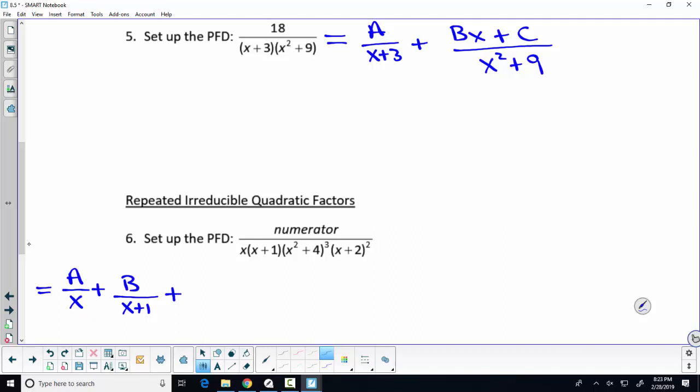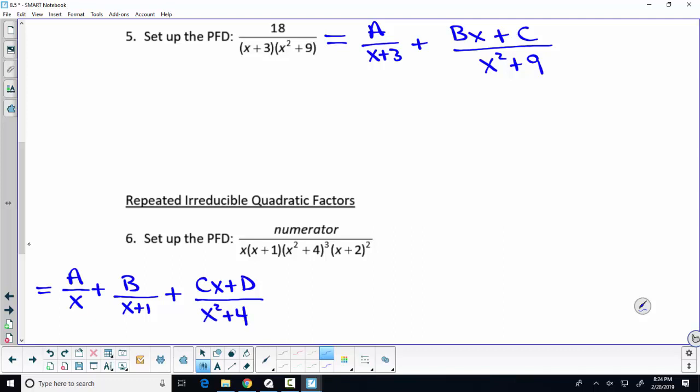With the cube, there's a cube. Yeah, but what's in the cube? It's a quadratic. So it's a repeated irreducible quadratic. So cx plus d over x squared plus 4 to the first power.